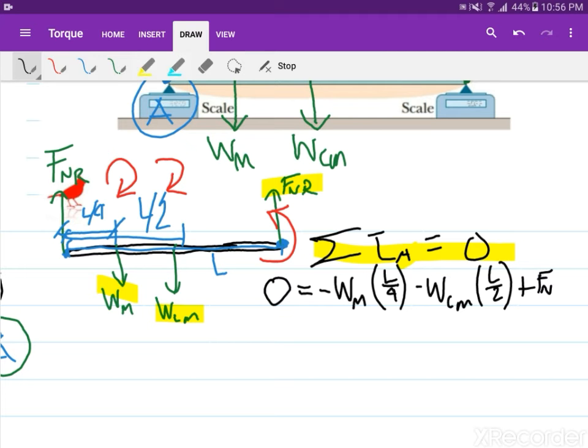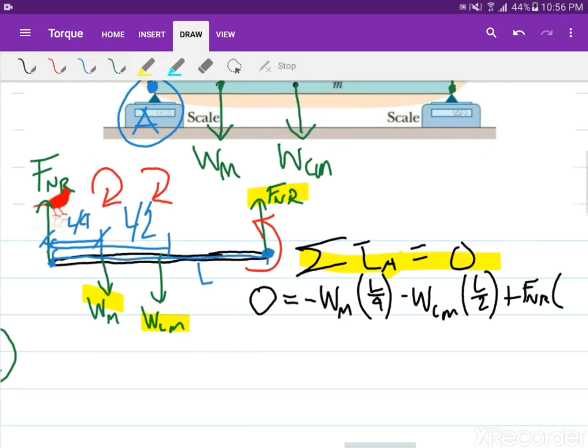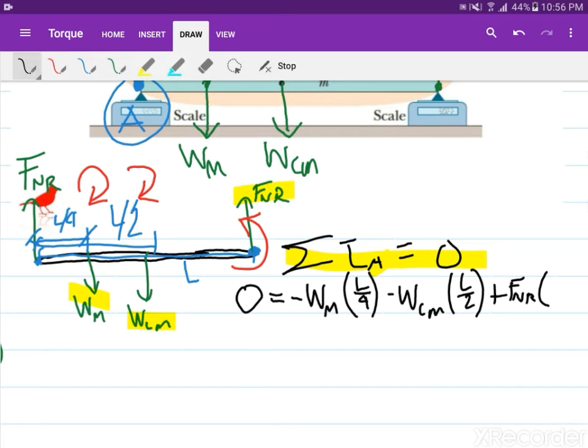So F N R times its lever arm of L. From our equations, we can factor out L and remove it.